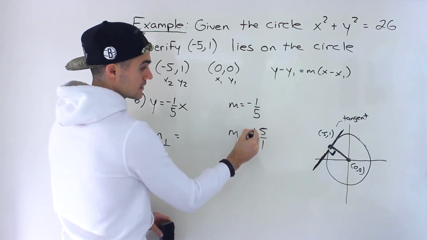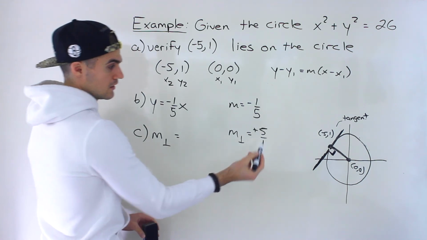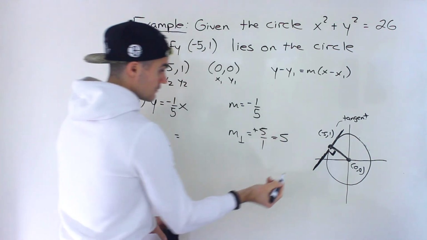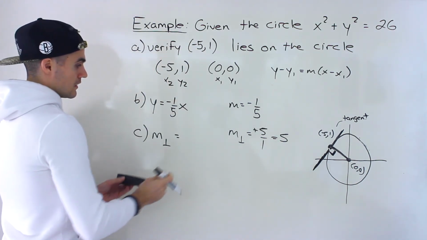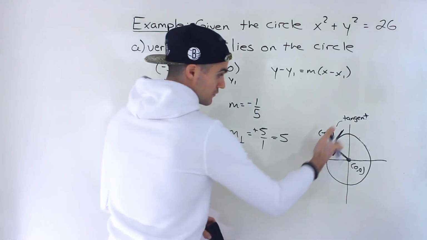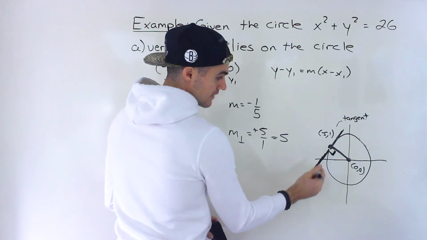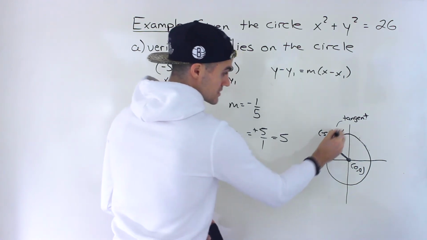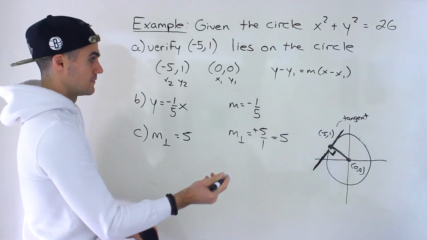Negative, this is going to end up being a positive, which would just give us positive 5. Okay, so the perpendicular slope is 5. The slope of this line is positive 5. That makes sense. Notice how it's a positive slope right there on the diagram.